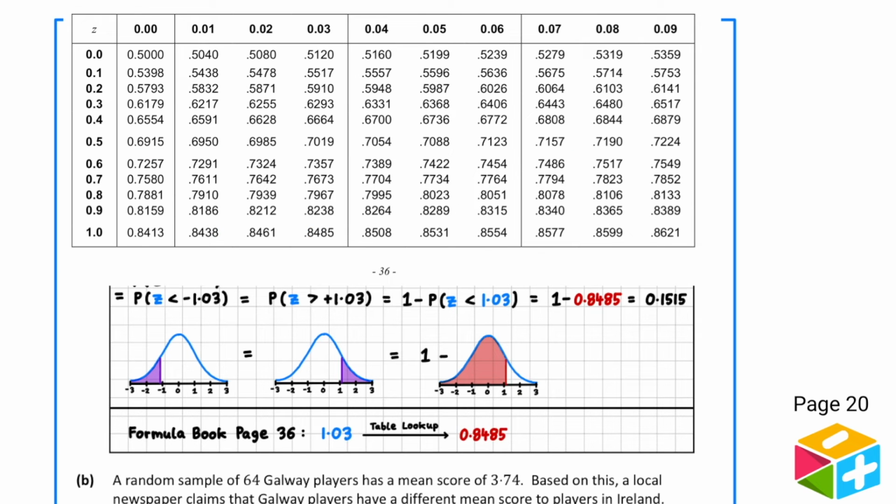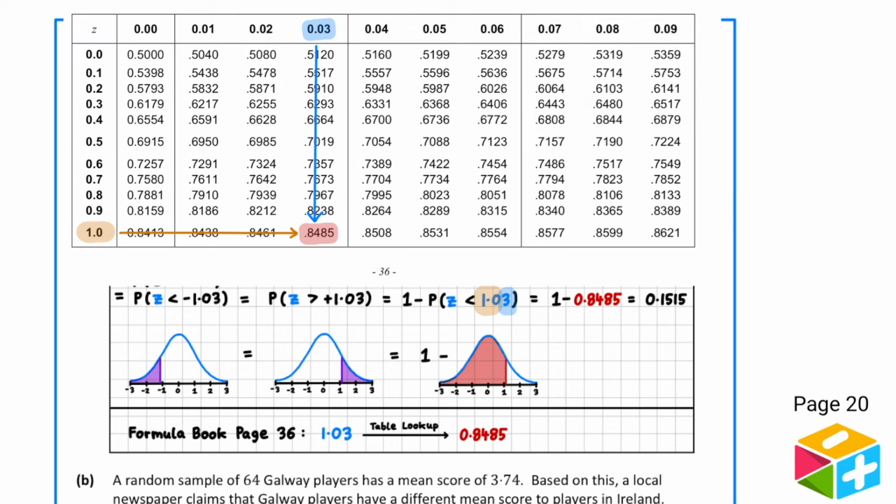The first 2 digits, 1.0, tell us which row in our table we should go to. The third digit, 3, tells us the column. When we look at the entry in this row and column, we see that the value is 0.8485.